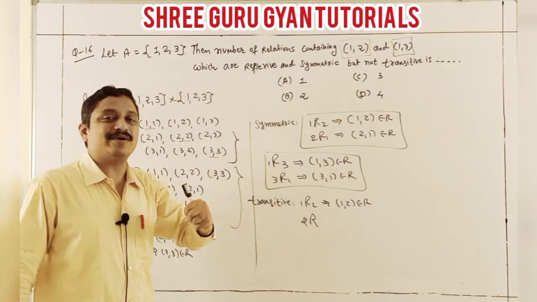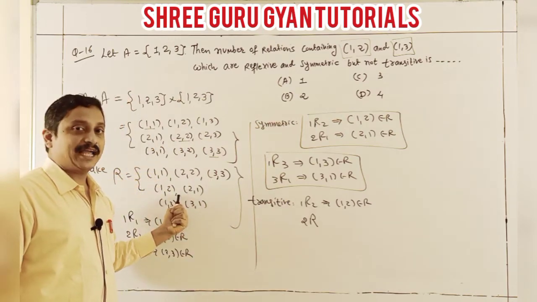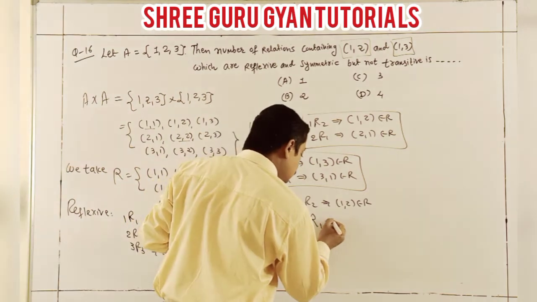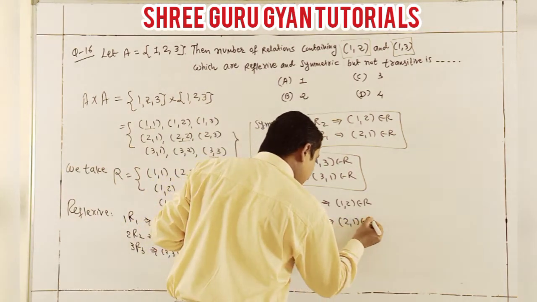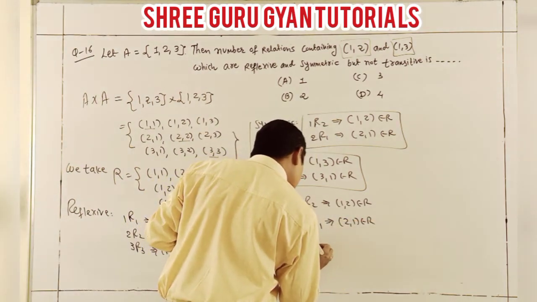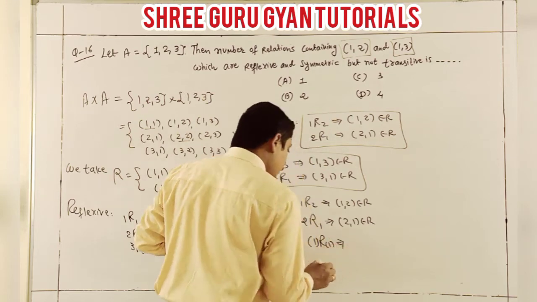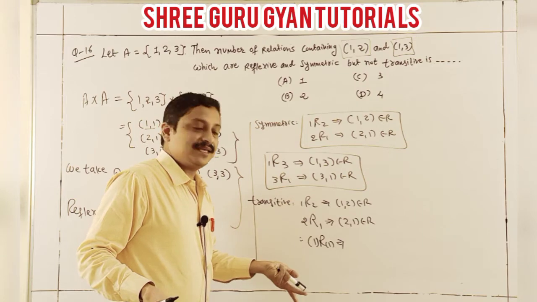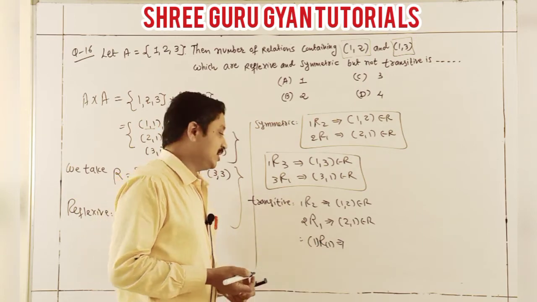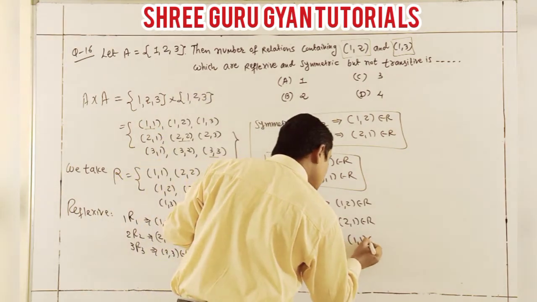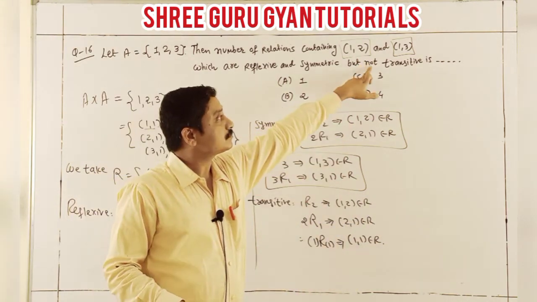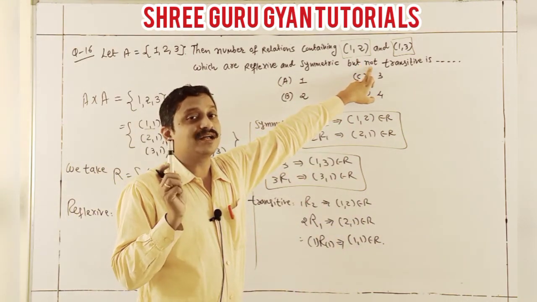That's why I am only taking these numbers. So (2, 1) belongs to R. Surely 1 relation 1, because A to B, B to C, then you check A to C. If you take A to C, then (1, 1) belongs to R. It is our transitivity, but I check not transitivity.